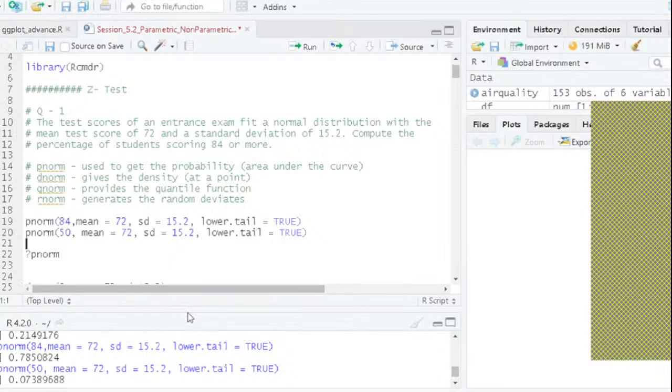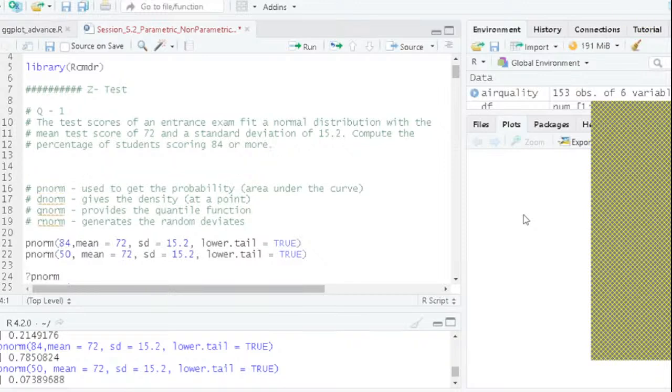Okay. Now one more variation of this. So part A, what is the percentage of students who scored less than 50?